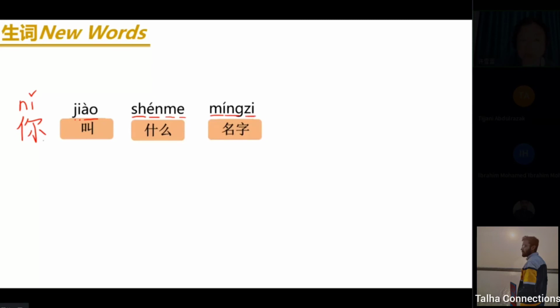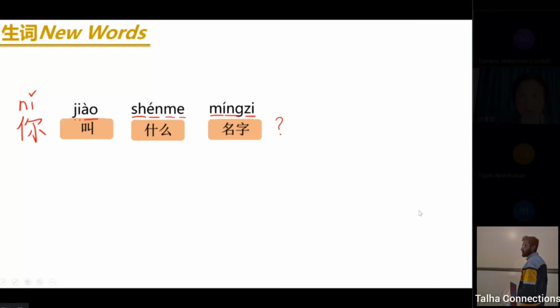So 你叫什么名字? And since it is a question, when you write it in a sentence, we should put the question mark at the end. Right? 你叫什么名字? Repeat it to yourself.